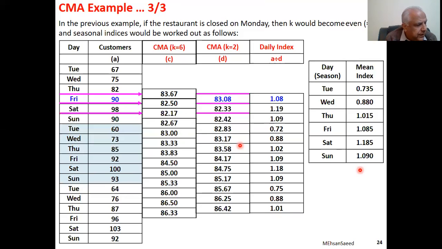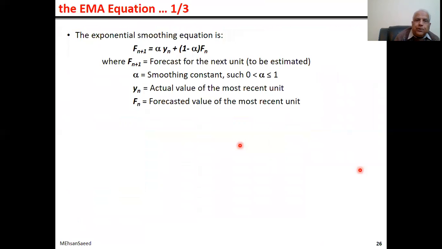And now we are left with one, which is called the exponential moving averages. Exponential, as you know, the word exponential means having a power. Like 2 raised to the power 3. 3 is an exponent. Or this is an exponential figure, 2 raised to the power 3.